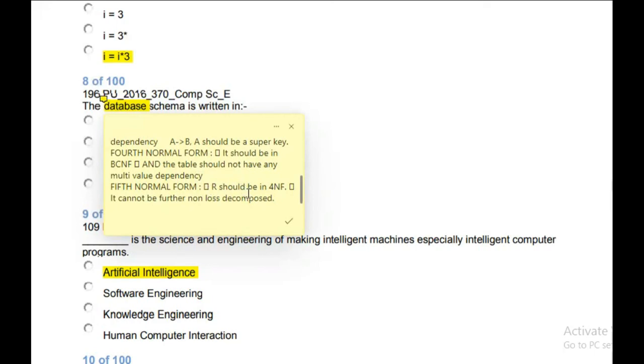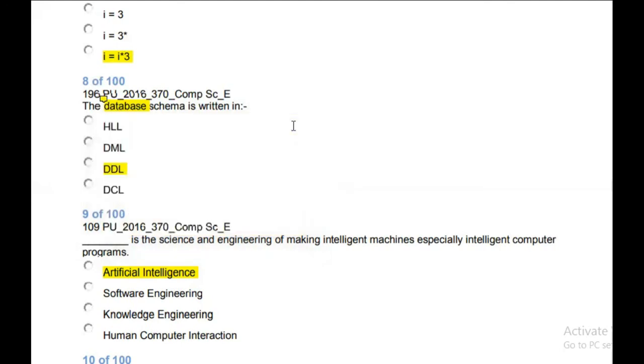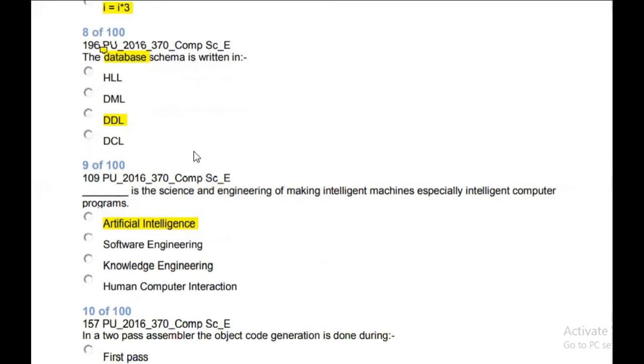Fifth normal form, R should be in 4NF, and it cannot be further non-loss decomposed. So from first normal form to fifth normal form, all normal forms and their definitions are very important. It's good to refer to a good video on YouTube, so it would be very simple.